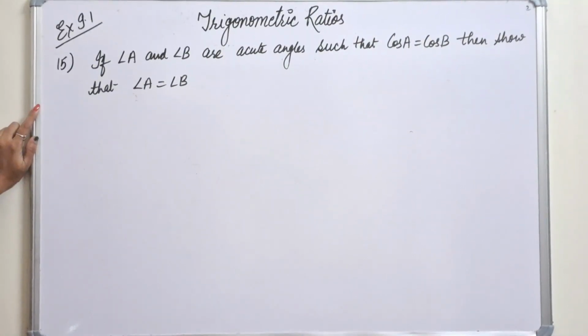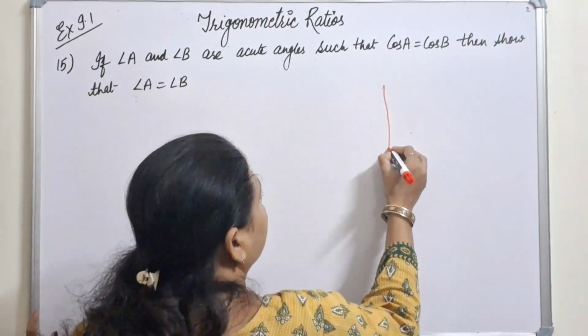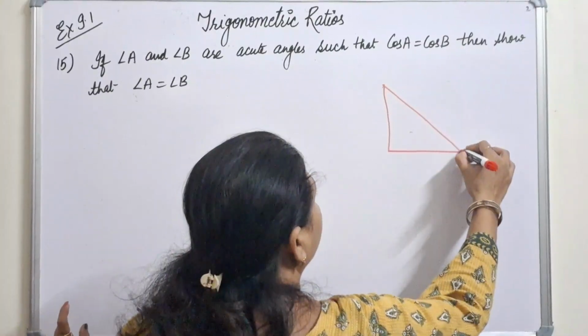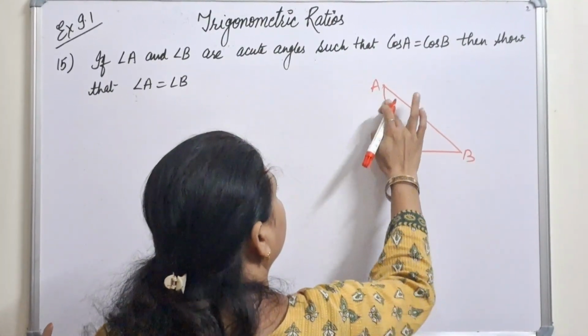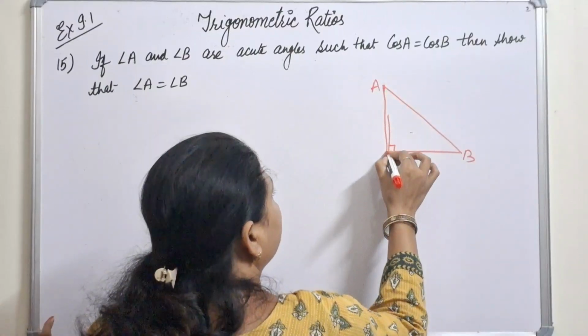If angle A and angle B are acute angles such that cos A is equal to cos B, then show that angle A is equal to angle B. So we'll make a triangle. A and B are acute, so definitely C will be right angle.